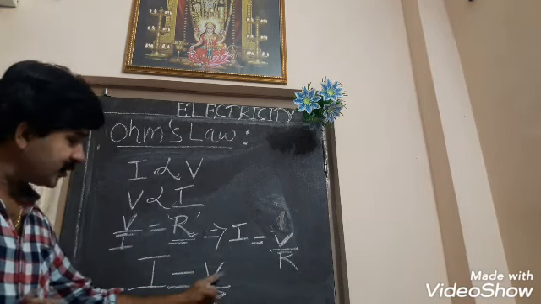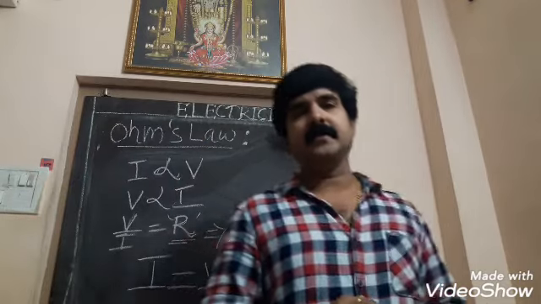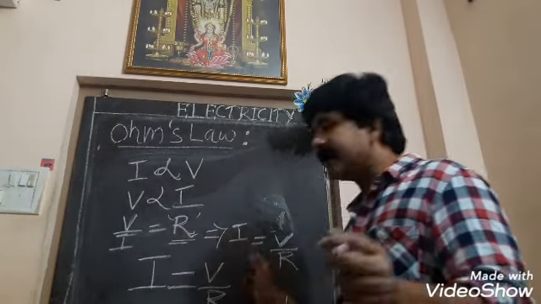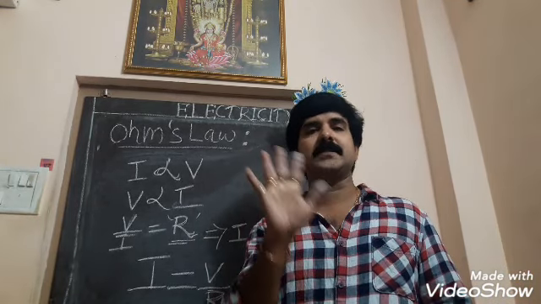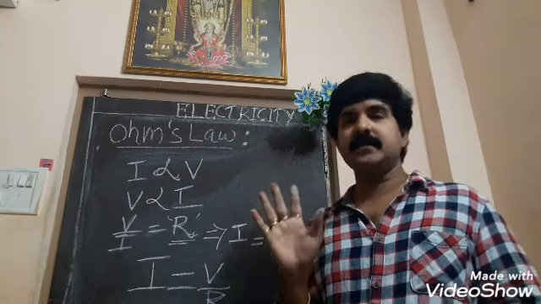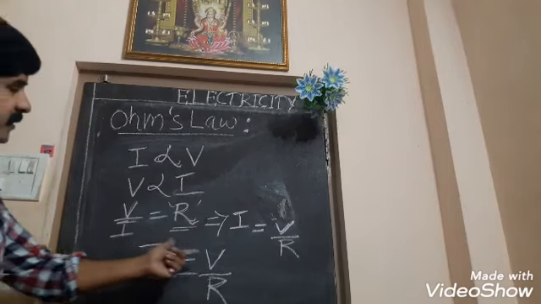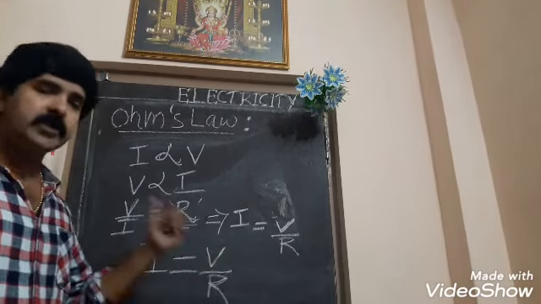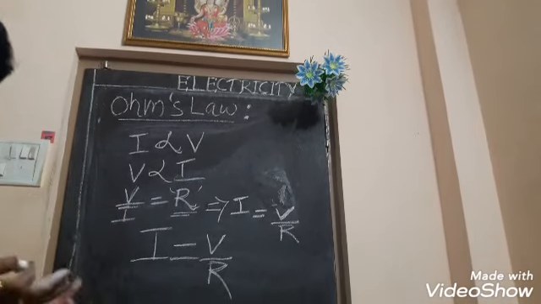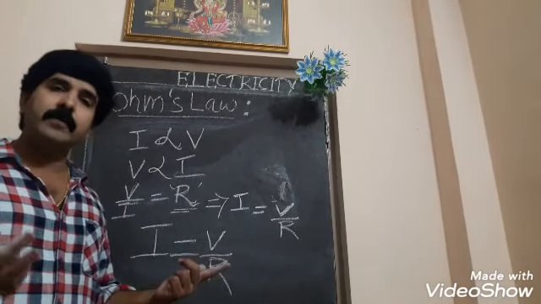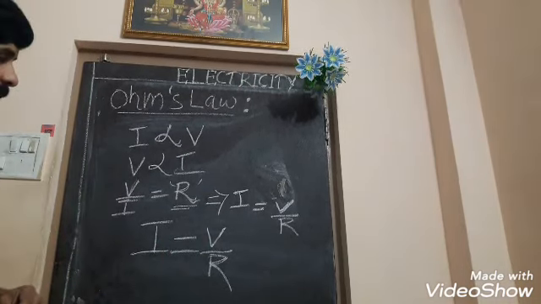In the examination you will be asked like this: if in a circuit current is halved, what is the condition of potential difference? Then this relation tells us it also gets halved. If current is doubled, potential difference also gets doubled because they are directly proportional.